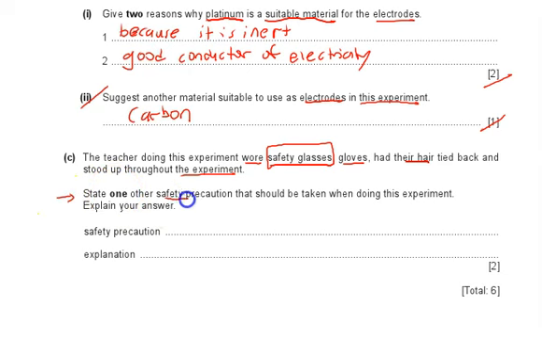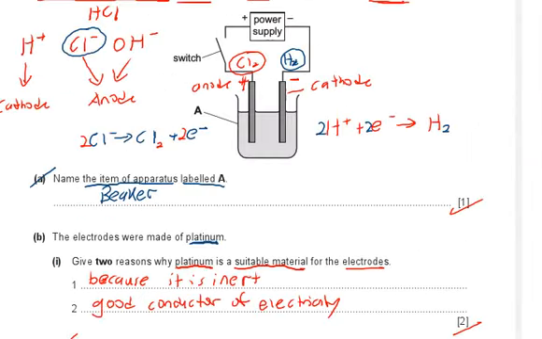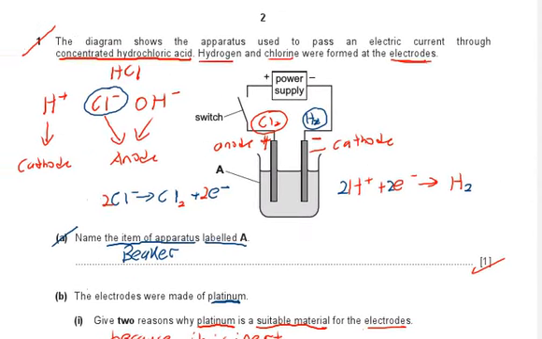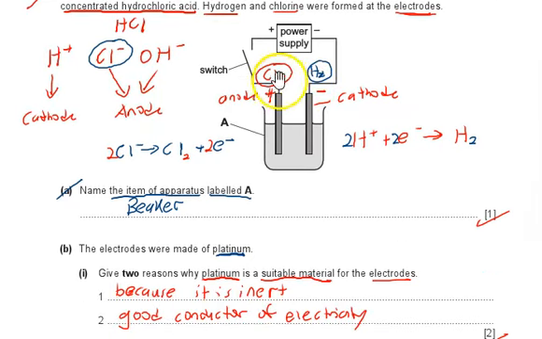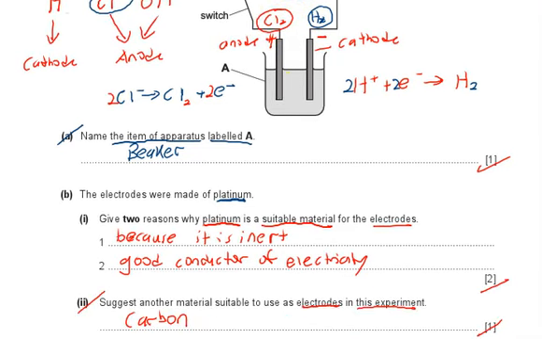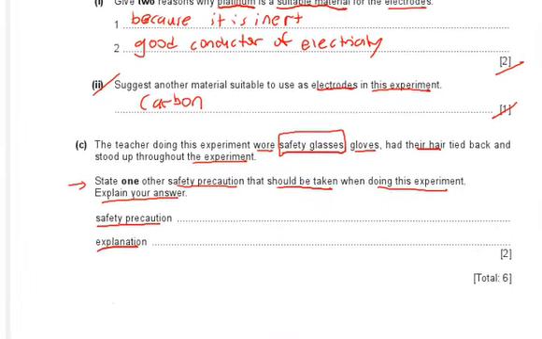State one other safety precaution that would be taken when doing the experiment. Explain your answer. This is a safety precaution and also an explanation. If you notice, this experiment is releasing chlorine gas. If you inhale chlorine gas directly, it is quite toxic for us.